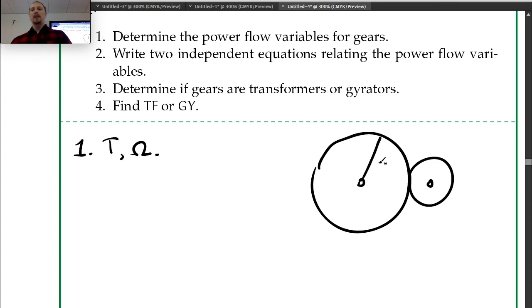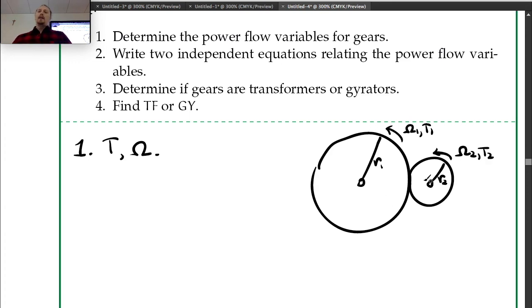We'll just say this is R1, this is R2, and their teeth meet right at that effective radius. And let's define the positive rotation direction for the angular velocity 1 and torque 1, and the positive angular velocity 2 and torque 2.